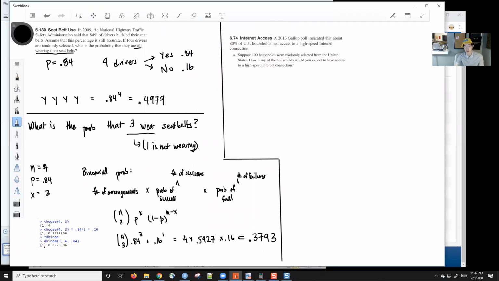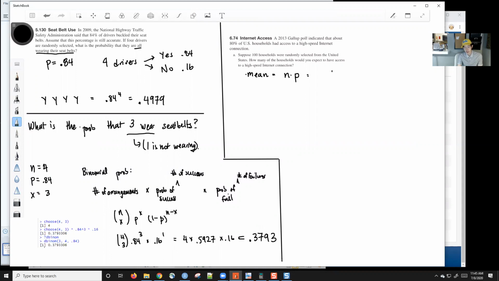All right, a 2013 poll indicated that about 80% of households had access to a high-speed internet connection. Suppose 100 households were randomly selected. How many would you expect to have access to high-speed internet? Okay, so here we're asking for the mean, which is equal to n times p.